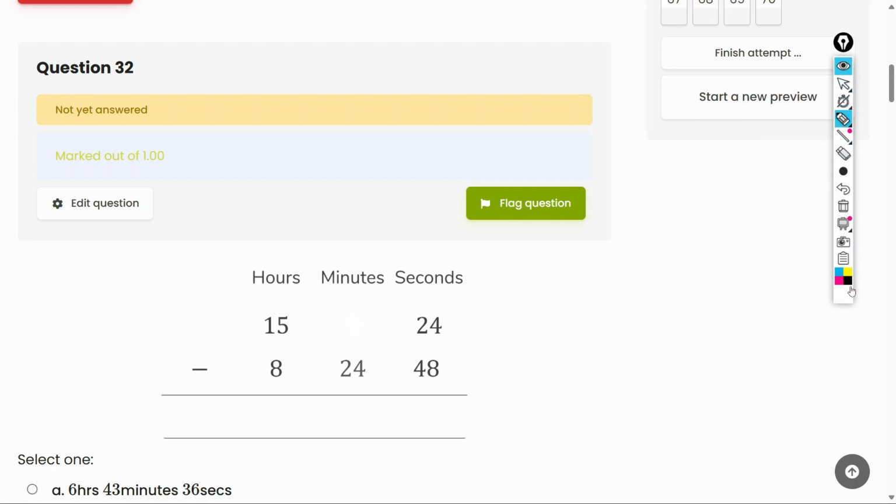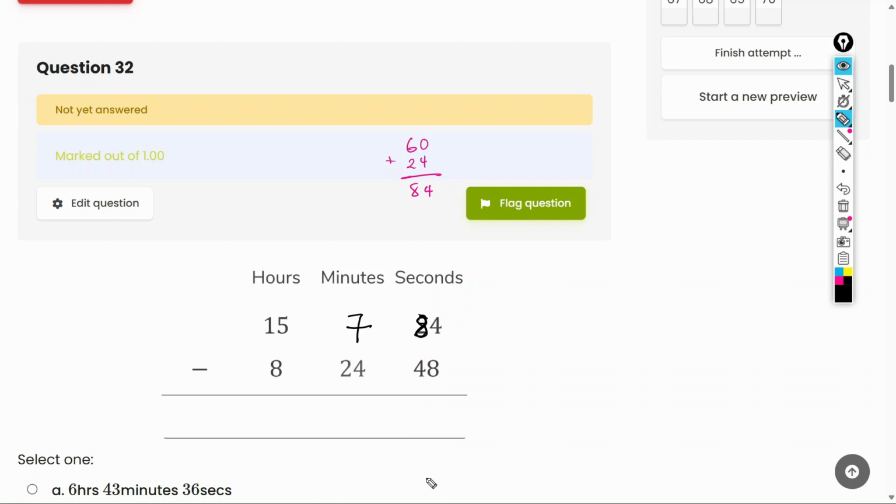Borrow 1 from 8 and it becomes 7. Now, when we are borrowing 1 minute, by the time we bring it to seconds, it should become 60 seconds. So if we carry over 60 seconds, then we add to 24. That would be 84 seconds.